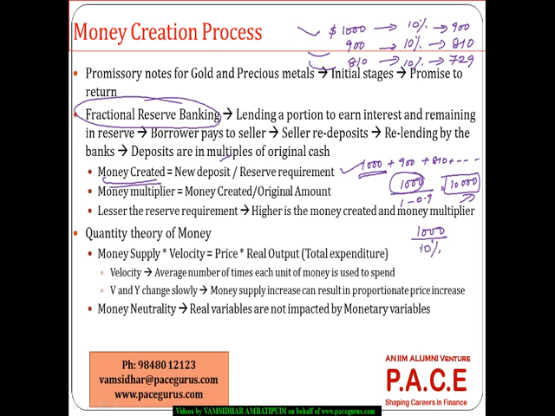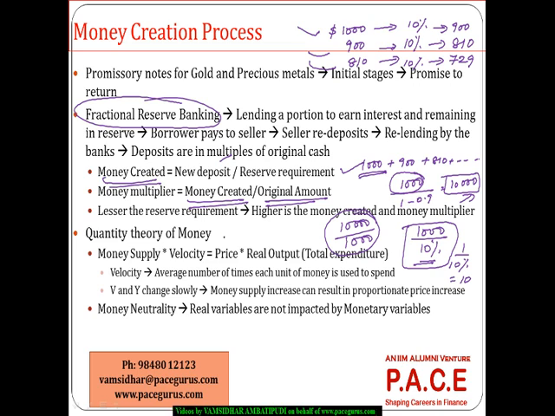And the money multiplier is nothing but 1 divided by the reserve requirement, coming up to 10, or I could have computed it as the overall money created divided by the original amount. So 10 times the original cash is the total deposits that got created in the banking system. So if the reserve requirement is going lesser and lesser, the overall money created is going higher, and hence the money multiplier is also higher.